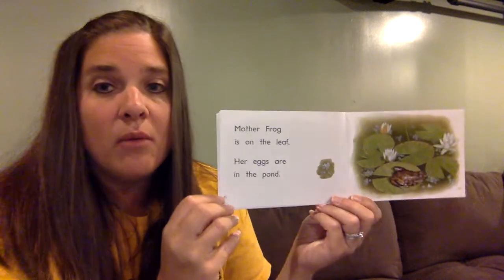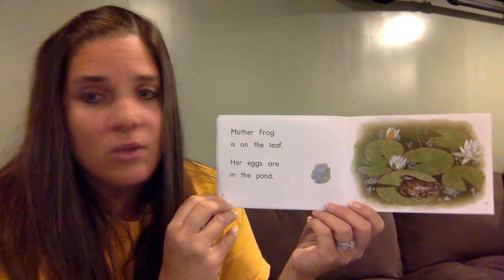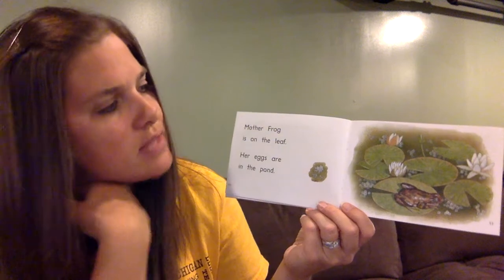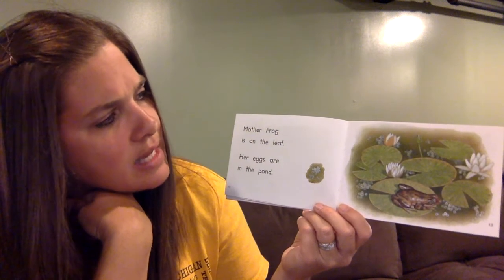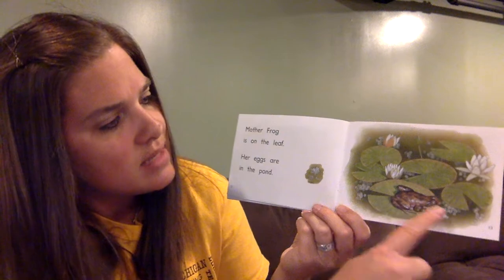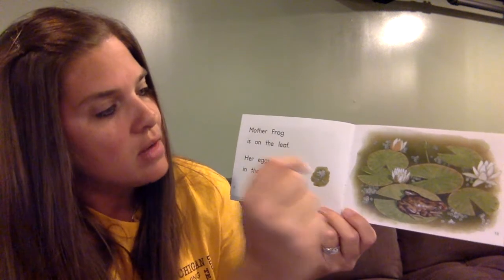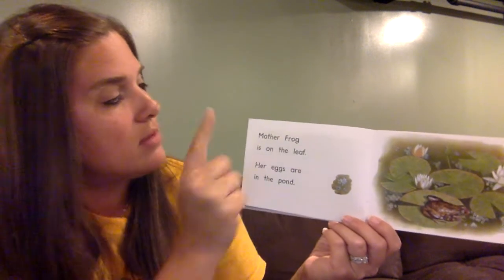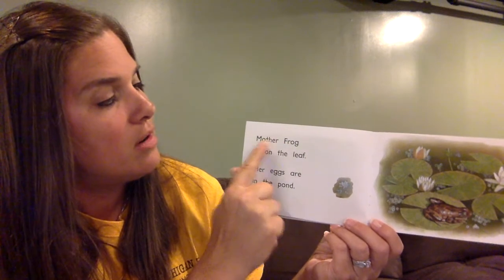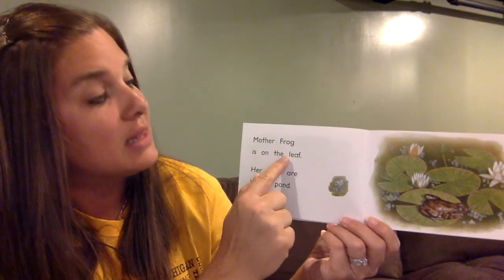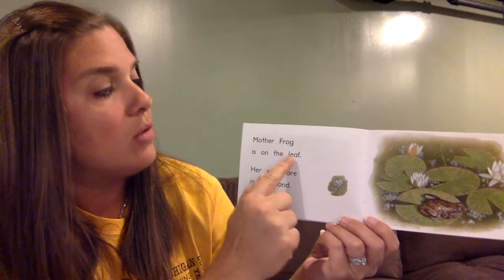Oh, now I know the pattern's continuing, so I'm thinking there's going to be a frog. The frog looks like she's maybe on a lily, maybe in the lake. And I'm seeing some eggs all around her. So when I use all those superpowers, I'm going to be able to get through this page. Mother frog is on the leaf. Oh, leaf.